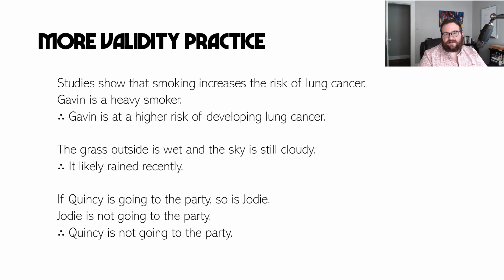Well, this one is valid. We don't know anything about Quincy and Jody and their party, but we do know that if Quincy's going, Jody must also be going, right? So since Jody is not going, we can infer that Quincy is not going. This is a type of argument that we call modus tollens for short, right?